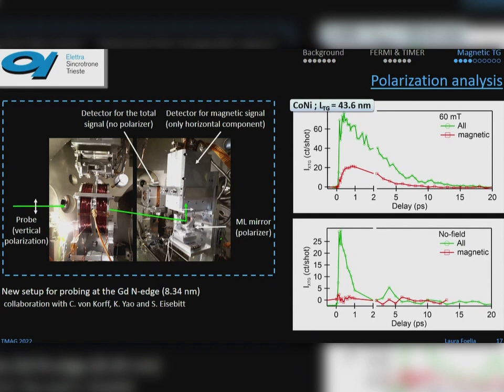So this is a way for us to distinguish between the magnetic and the overall thermoelectric signal. You see that when I switch off the field, I basically have no magnetic signal at all. And this can be rotated by 90 degrees, and then I could selectively measure only the thermoelectric, non-magnetic part. And again, I could differentiate all kinds of dynamics in a single experiment.